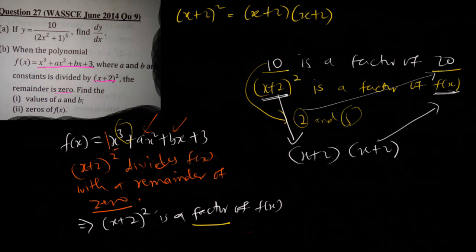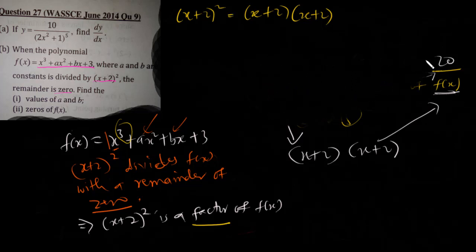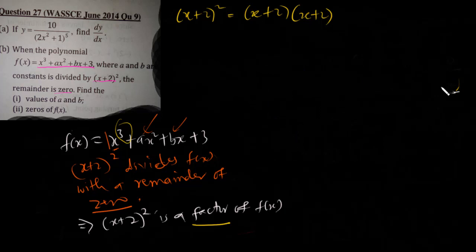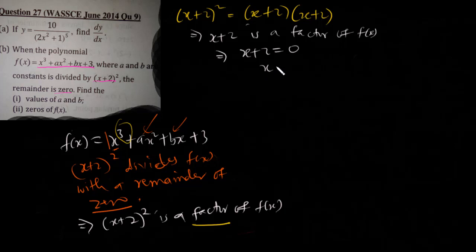We are trying to break down the quadratic to get its linear factors. So we can say confidently that (x + 2) is a factor of f(x), and then we can equate x + 2 to 0 and find the value of x, and that is negative 2.